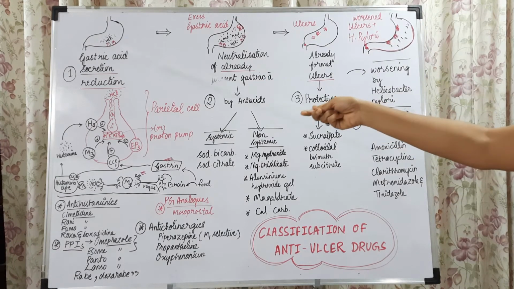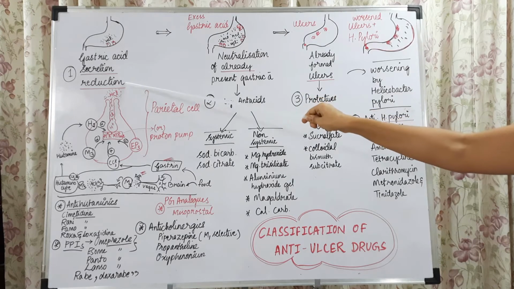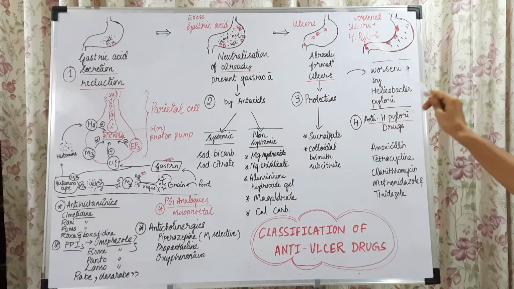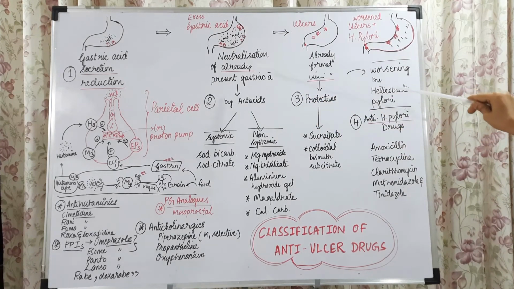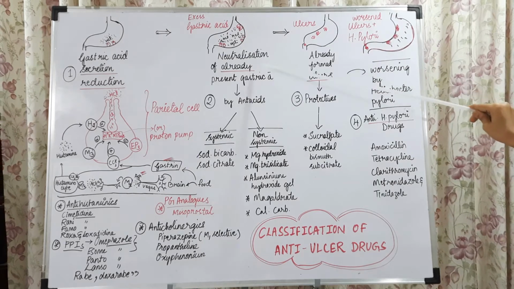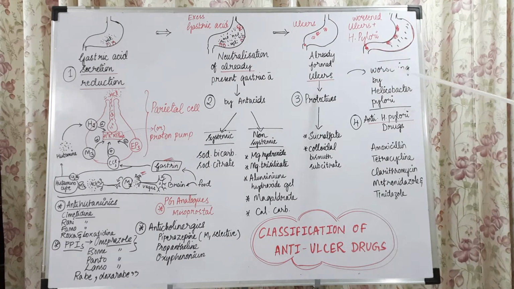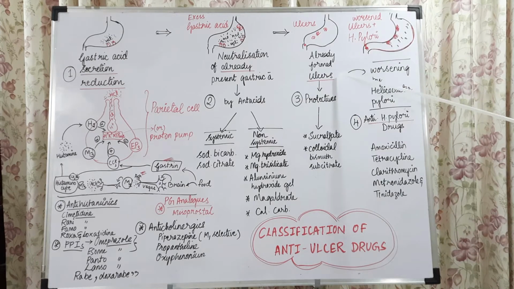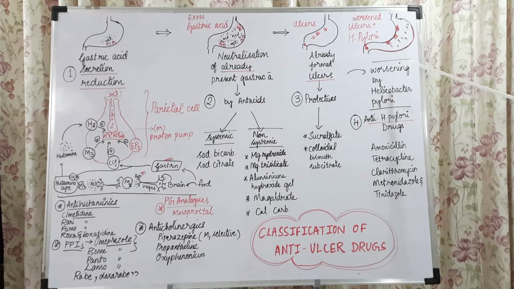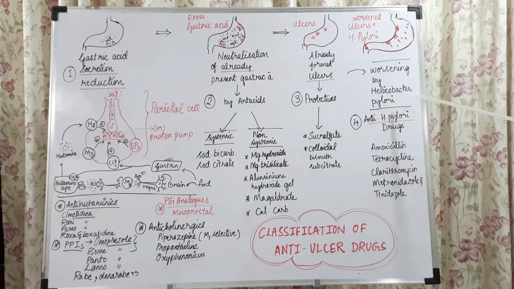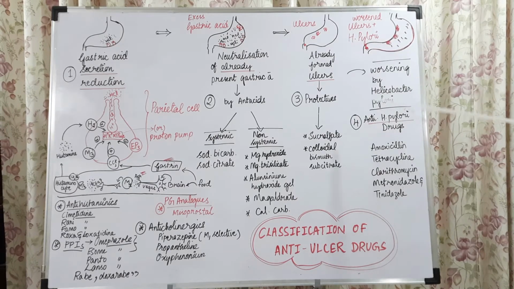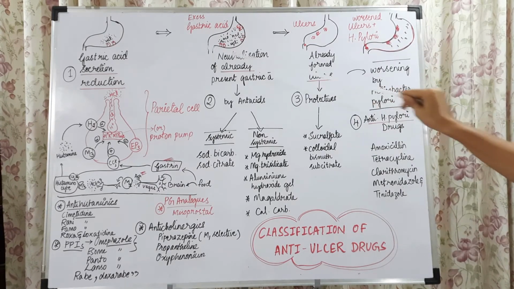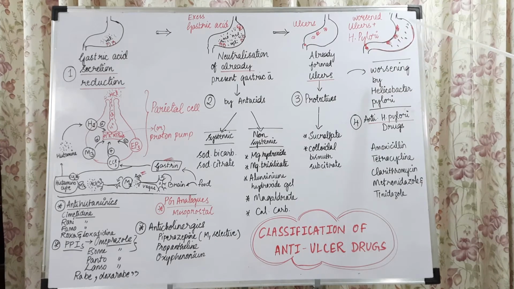So agents that are reducing the gastric acid secretion, agents that are neutralizing the gastric acid which is already formed in the stomach, agents that are protecting the ulcers which are already present, and then agents that are inhibiting the Helicobacter pylori from aggravating the situation. So these are the 4 different classes of drugs that can help us treat the peptic ulcer.